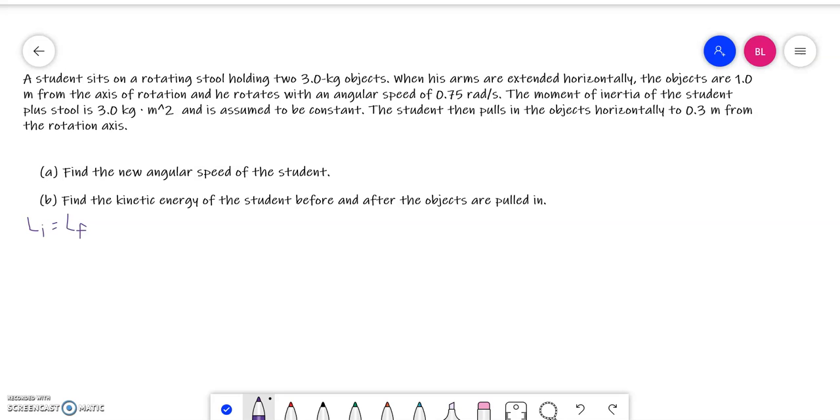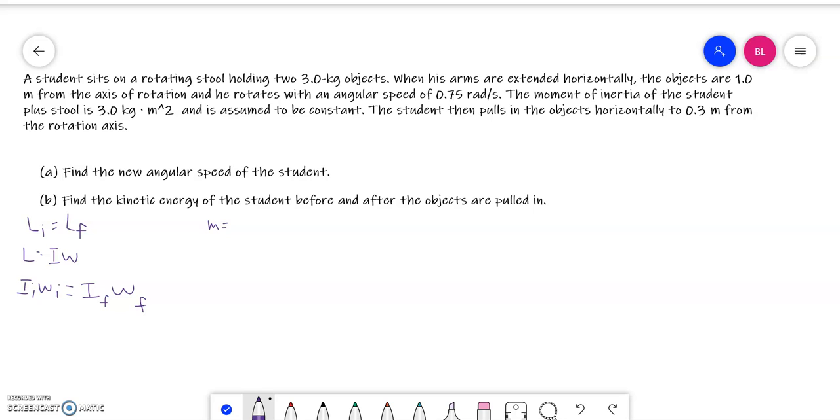Angular momentum is equal to the moment of inertia times the angular velocity. So let's write down the variables that we know.